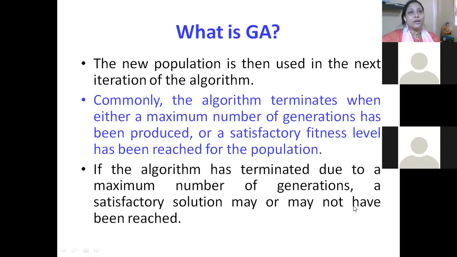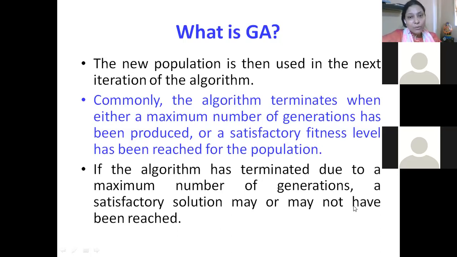Let's say the programmer has set the number of iterations to 10,000. So if the program runs 10,000 times, it automatically terminates, and it will be declared that we have our optimal or fitter solution, and this is the most optimized solution.